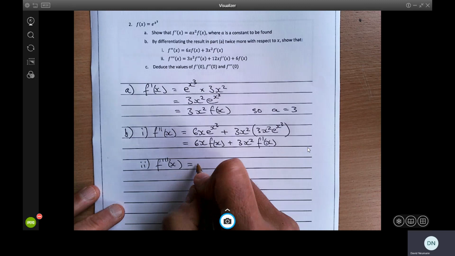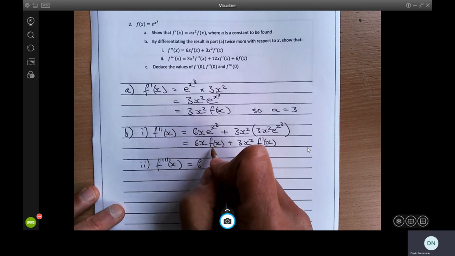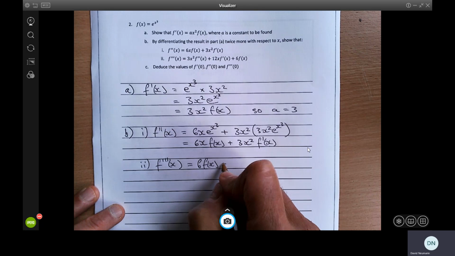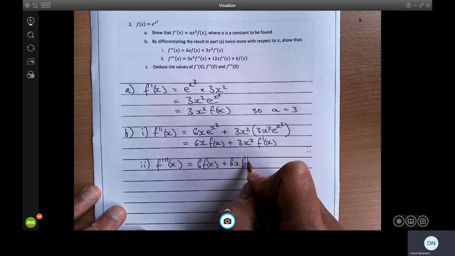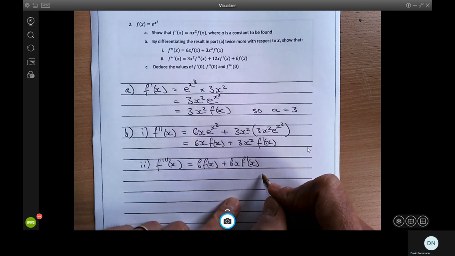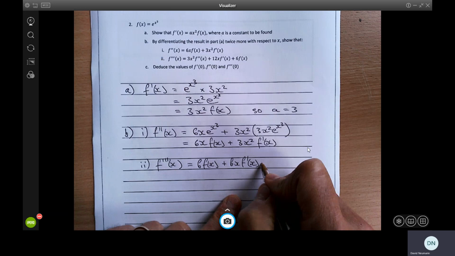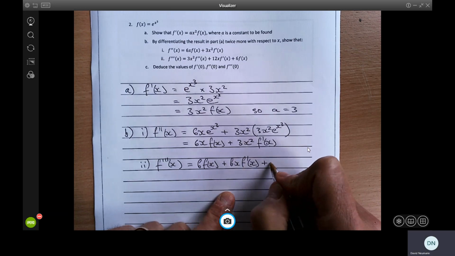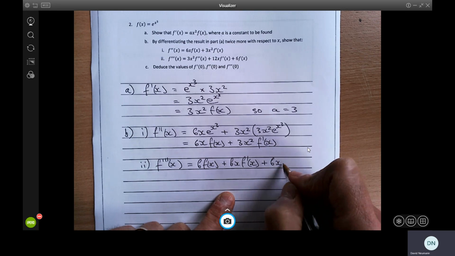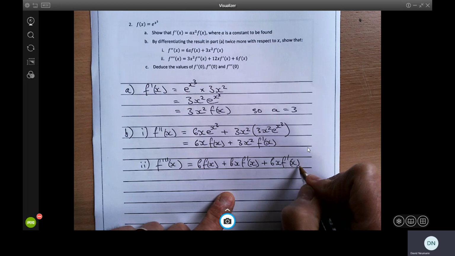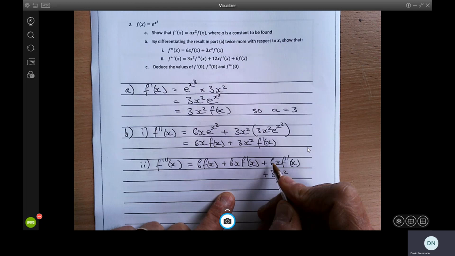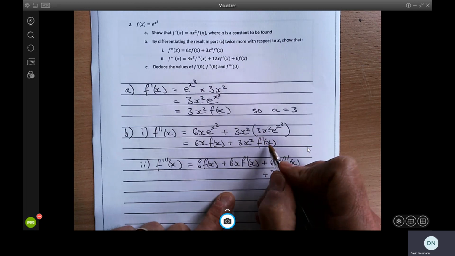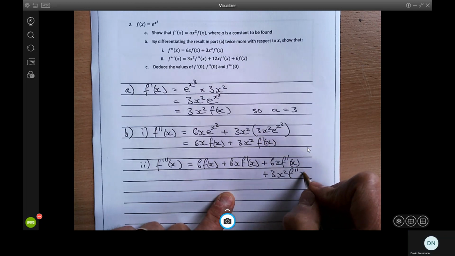So differentiate this, that's going to be 6 times, leave that alone, f of x, plus, leave that alone, 6x f dashed of x, plus, differentiate this is going to be 6x f dashed of x plus 3x squared times, if we differentiate f dashed of x, we get f double dashed of x.